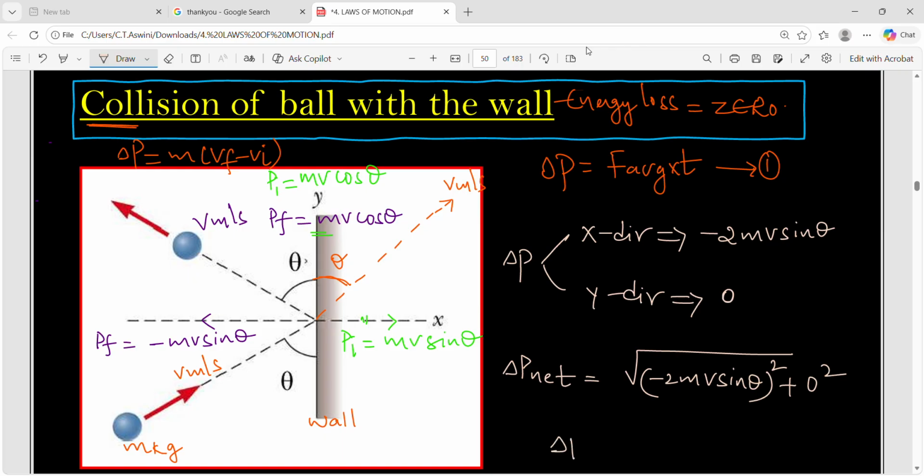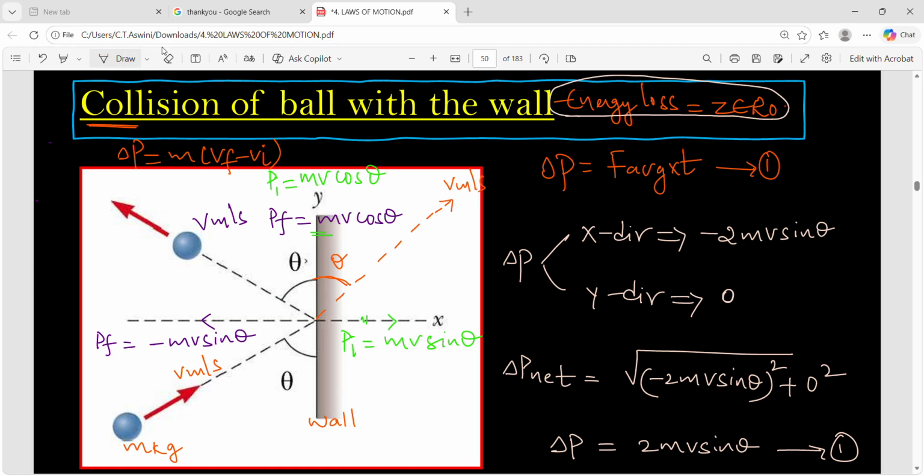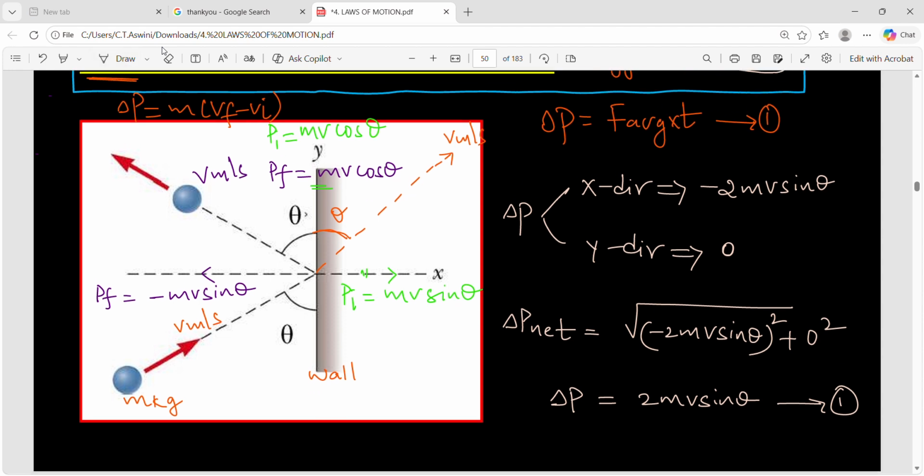So what will you get finally? Change in momentum is 2 m v sine theta. First important formula. Clear? We are assuming zero energy loss. This is important. Then the speeds before and after collision will be the same and the angle with the wall also will be the same.